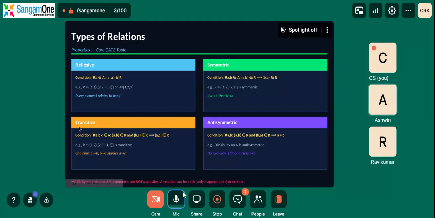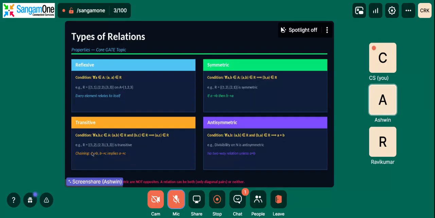Then moving on to transitive relation. The condition is for every a, b, c in A, if (a, b) belongs to R and (b, c) belongs to R, then (a, c) belongs to R. Example: R equals (1,2), (2,3) and (1,3) is transitive because of the chaining method: a arrow b and b arrow c implies a arrow c.